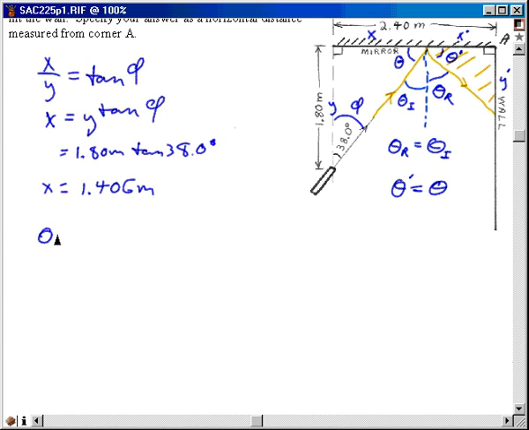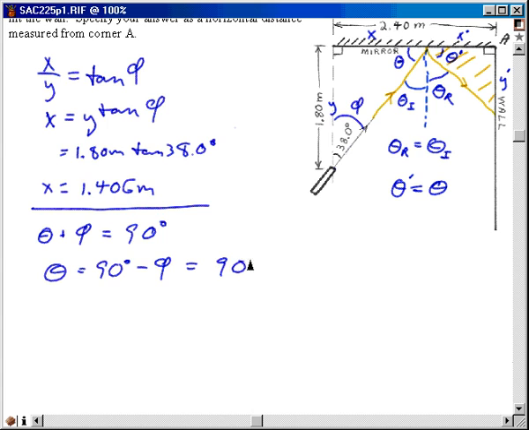So theta plus phi is equal to 90 degrees, or theta is equal to 90 degrees minus phi, which is 90 degrees, and we're going to consider that an exact value, minus the 38.0 degrees, or theta is equal to 52.0 degrees.